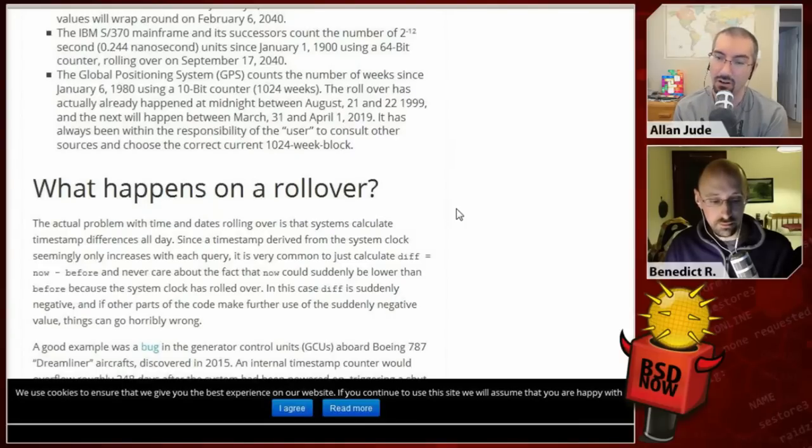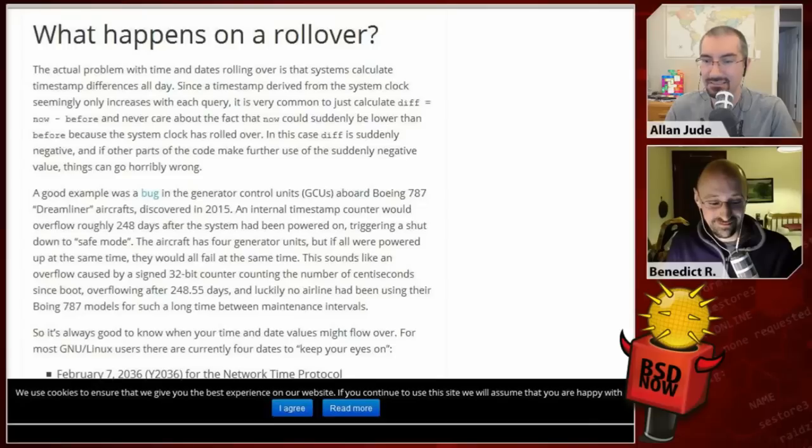And it's always been the responsibility of the user to consult their sources and choose the correct 1024 week block. So really old GPSs might stop working in 2019. Which is probably a good reason to buy a newer one. Yeah. Just in case.